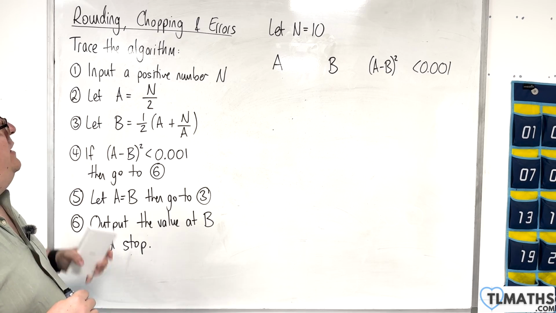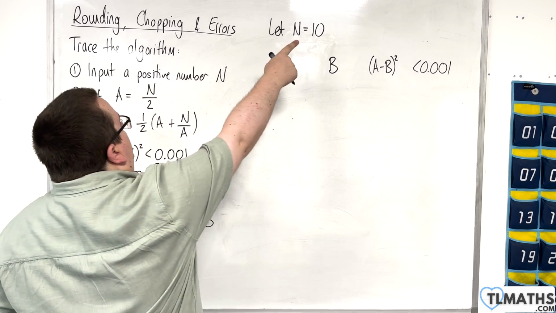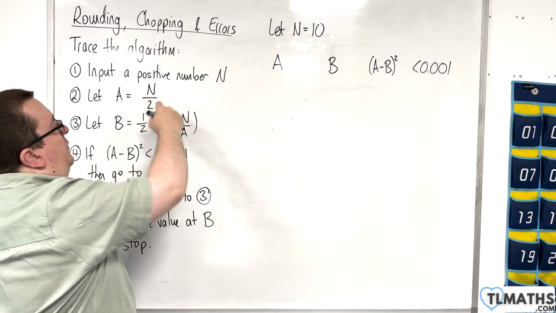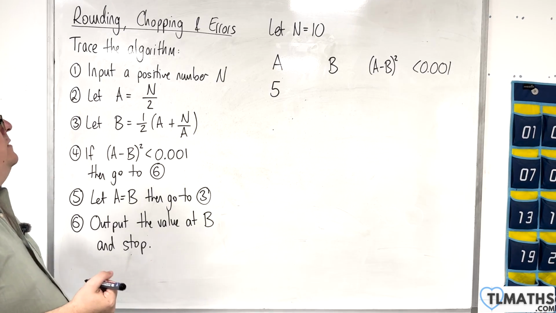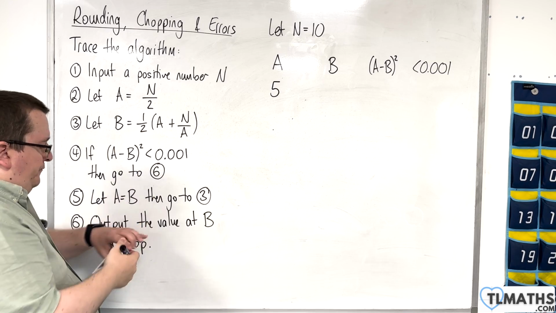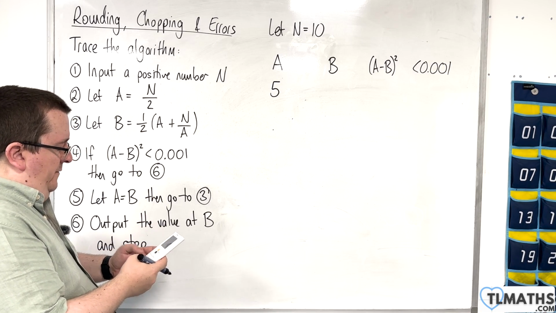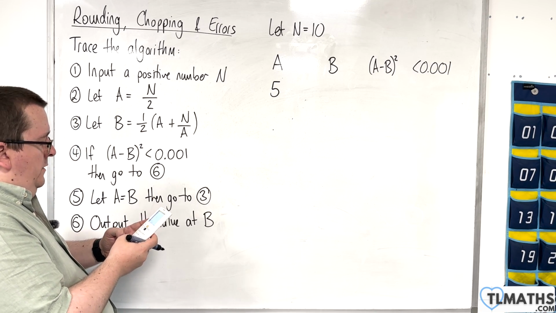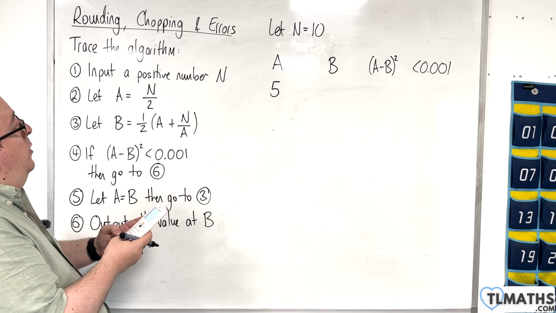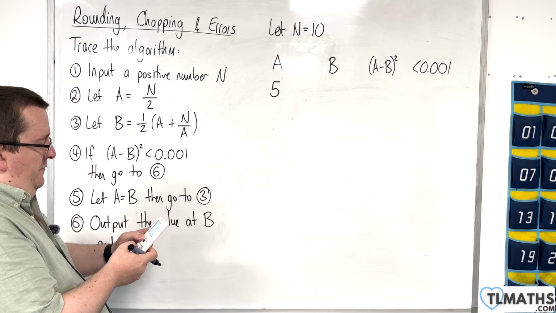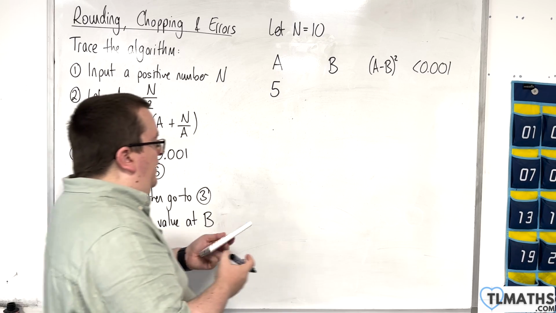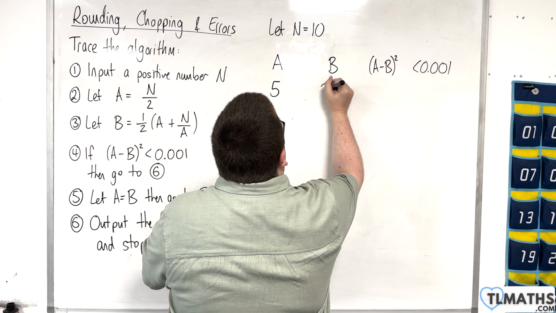So let a be equal to n over 2. So n is 10, so we've got 10 divided by 2 is 5. Then we've got b. So we have 1/2 times a plus n over a. So 10 over 5, and that's equal to 7/2 or 3.5.